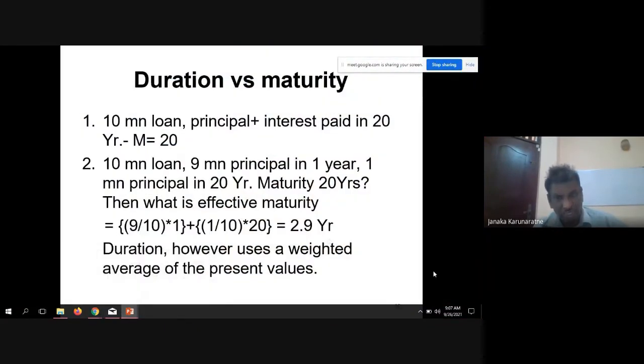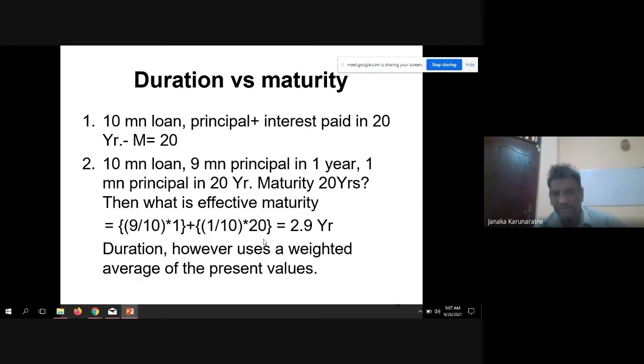But if you look at the timing of the cash flows, 9 out of 10 will be received after 1 year, and 1 out of 10 after 20 years. I'm not looking at any present value factors, just the timing of the cash flow.